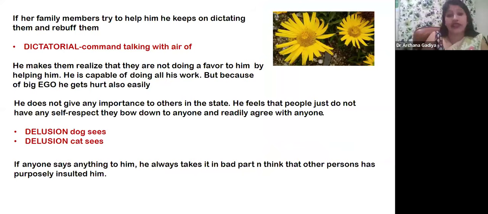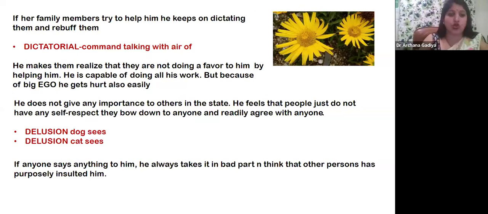If someone has not given that importance to him, he does not give any importance to the other also in this state. He feels those people who are easily yielding in front of anybody, who are easily doing things for the other person, who are pleasing others, are like animals for him, like cats and dogs who don't have any strength, who are very poor, or who are very low in front of human beings. So that feeling he has for the other person or his family members.